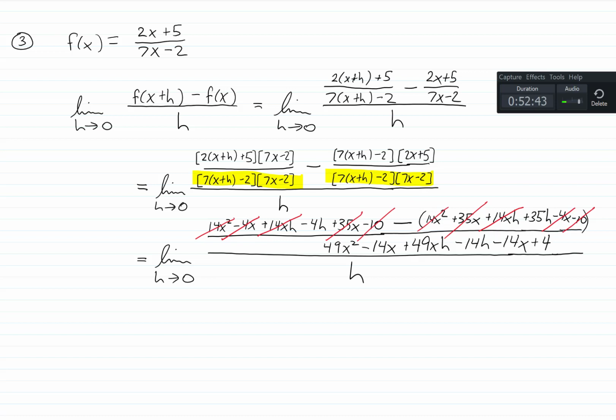What's left up there? There's a negative 4h, and then I am subtracting 35h. So the only thing left out of all of that up there is a negative 39h. Isn't that interesting? How little is left? Just a negative 39h.